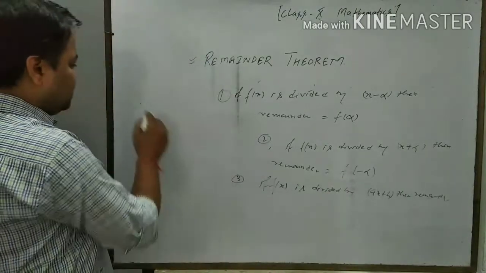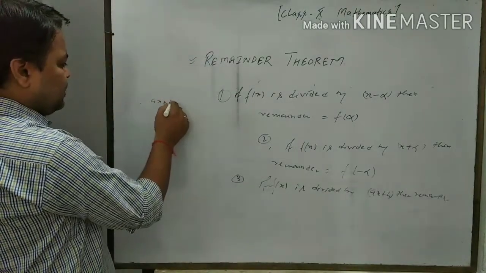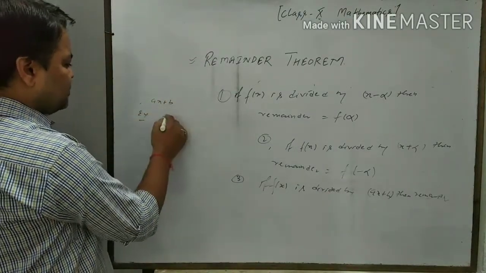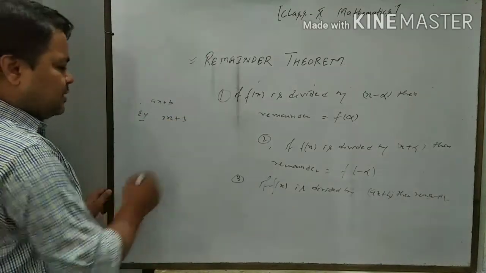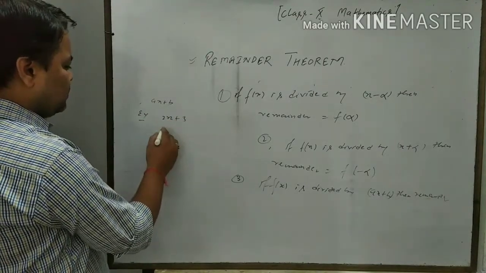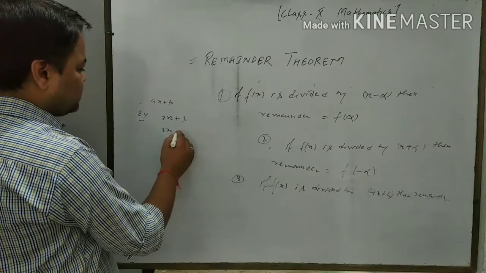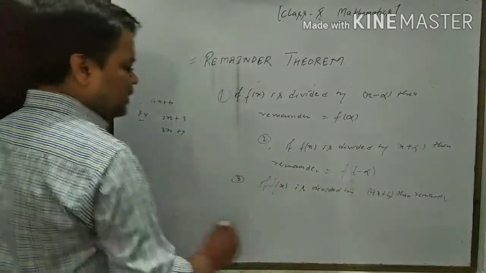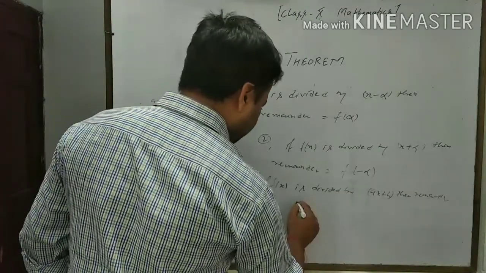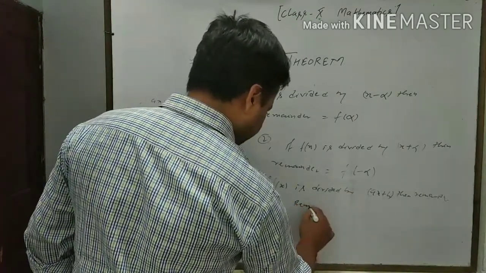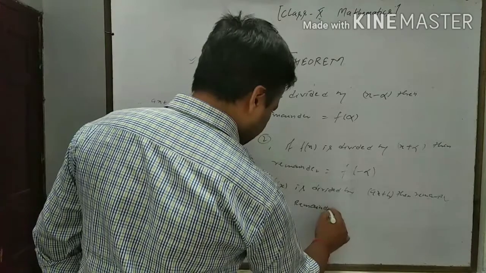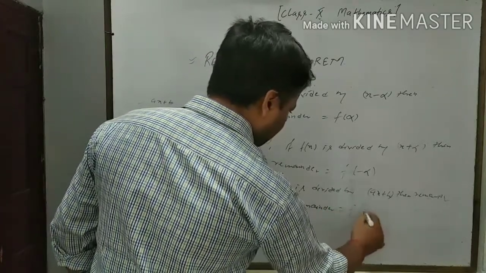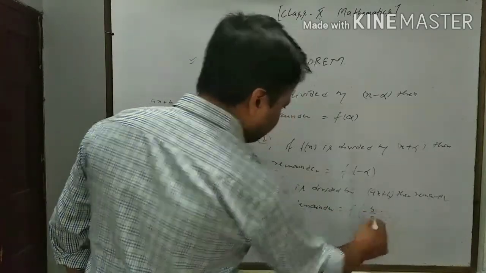Ax plus b should be in the form of ax plus b. Example, it will be just 2x plus 3, like that, 3x plus 7, like that. Then the remainder is equal to f of minus b by a.